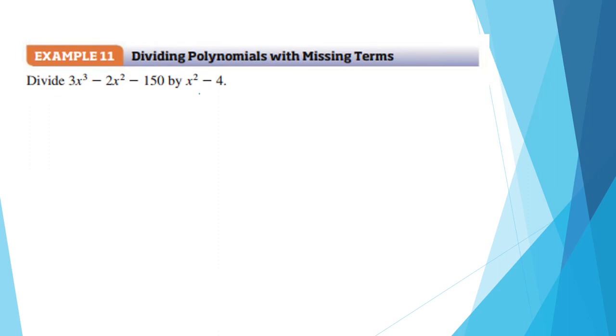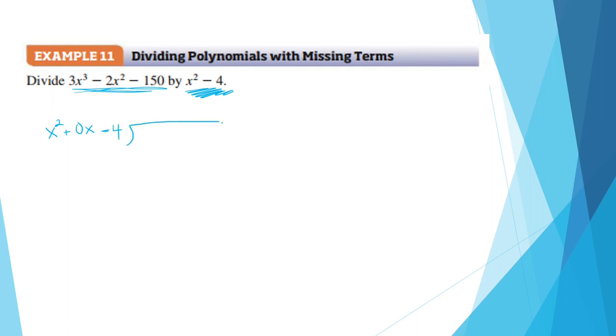For example 11, you have to be very, very careful. You have to write it in descending orders of power. And notice that both of these have a term missing. They're both missing the x term. So we're going to have to add it. So we're going to write x squared plus 0x, that's my missing term, minus 4.